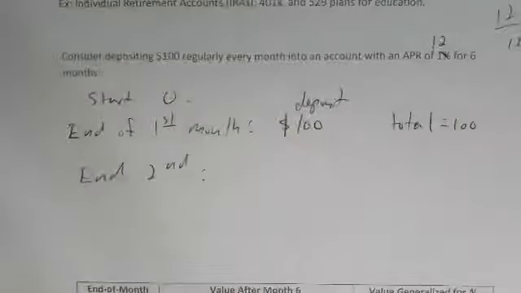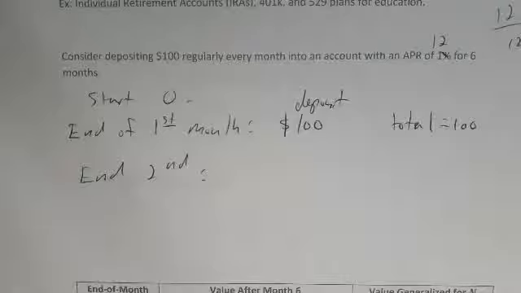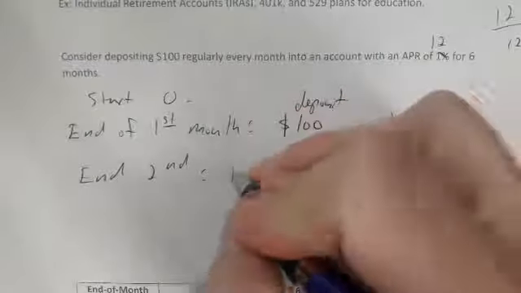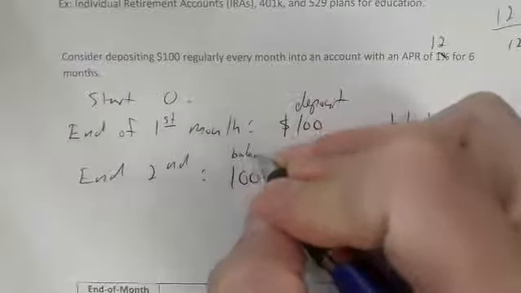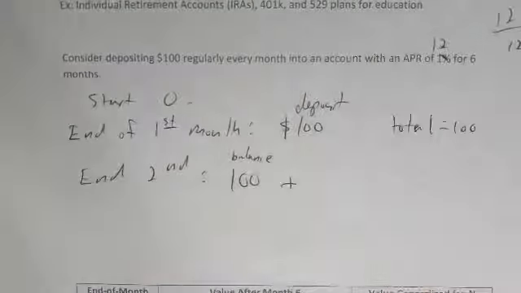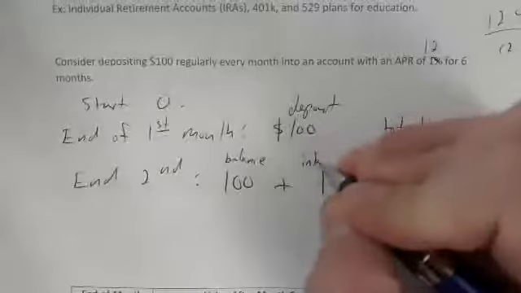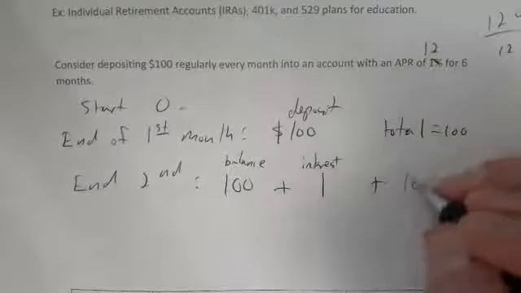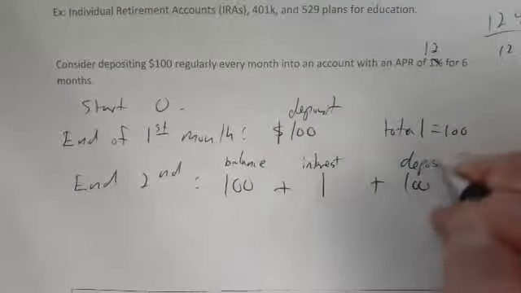Think about what's happening at the end of the second month. I'm going to deposit another $100. I'm going to have $1 in interest, and then the $100 I just deposited.